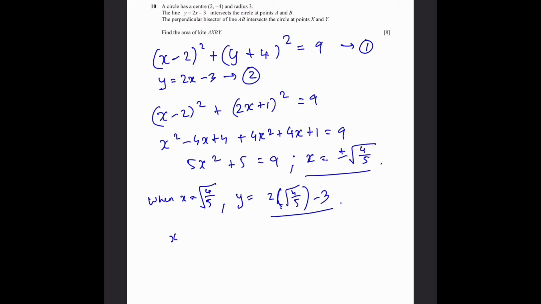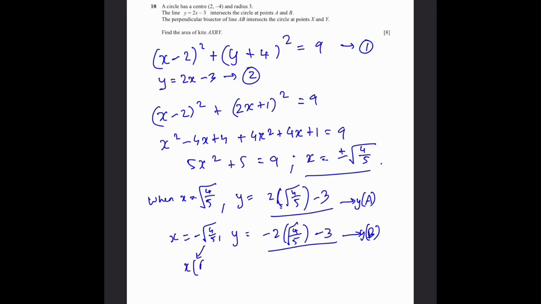Now when x is negative of root 4/5, then y is just going to be minus 2 times root 4/5 minus 3. And we can also leave this in surd form since we cannot really simplify. And now we found our intersection, this point A, this point B. Yes, these are the y coordinates. So this will be x of B, x of A.